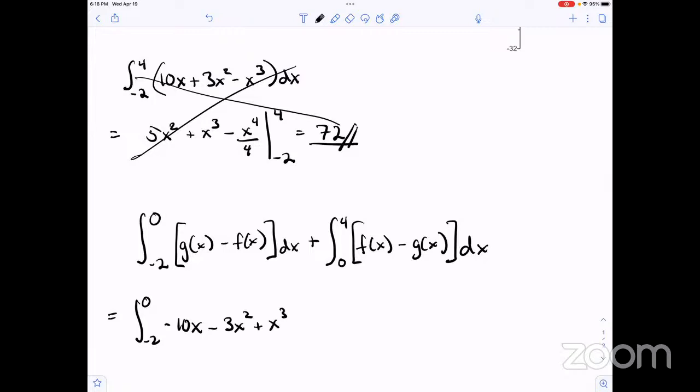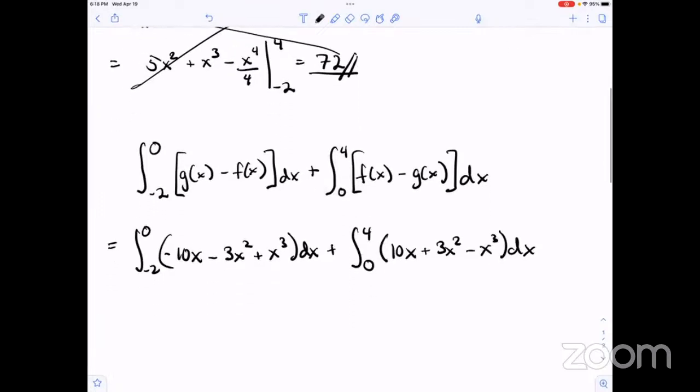And then we're going to say plus the integral as x goes from 0 to 4. If we say f minus g, then that's just going to be 10x plus 3x squared minus x cubed dx. Okay, I think that's the change that we needed to make. It looks okay. So now let's evaluate these combined integrals.